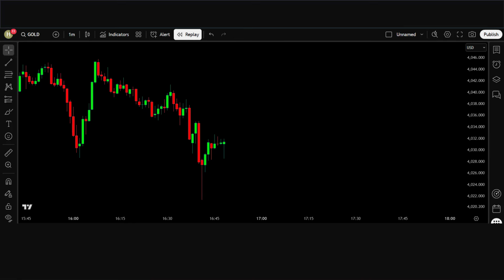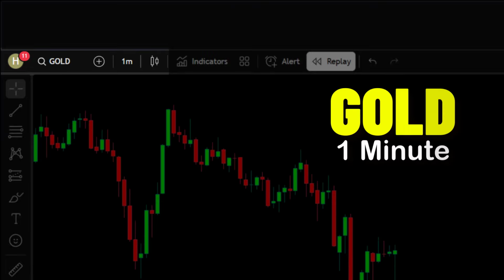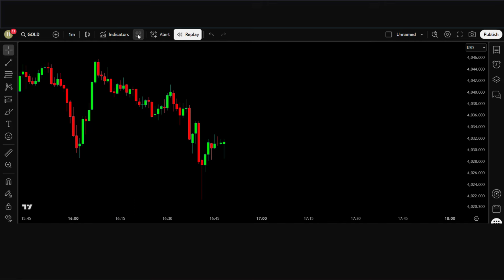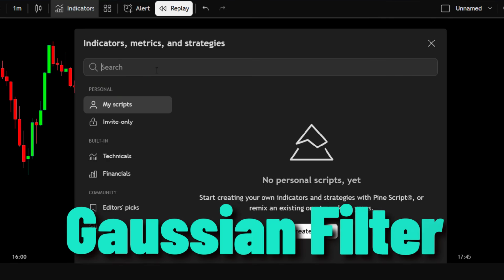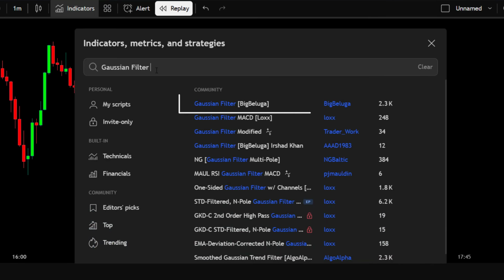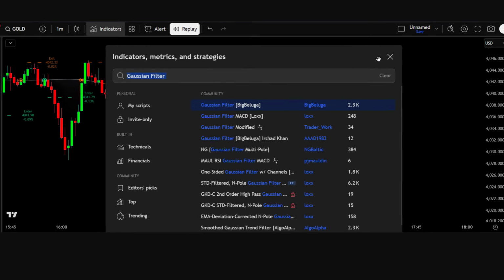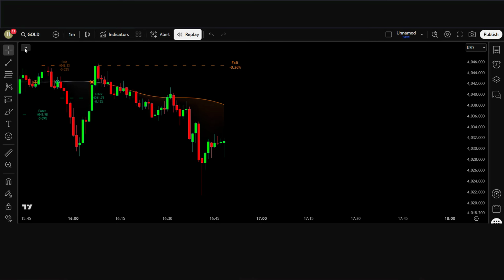Setting up the indicators. Open your chart. We're using gold 1 min time frame. Go to Indicators. Search Gaussian filter. Add it to the chart. Adjust the settings.